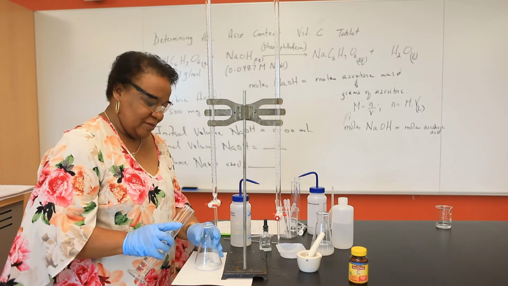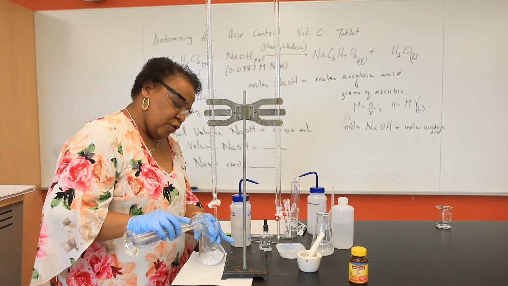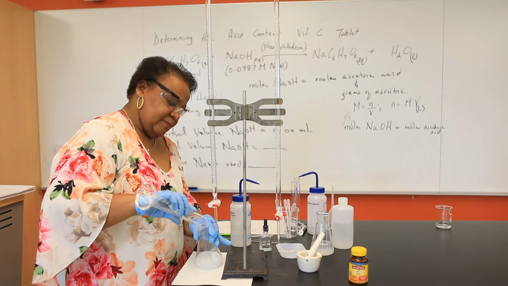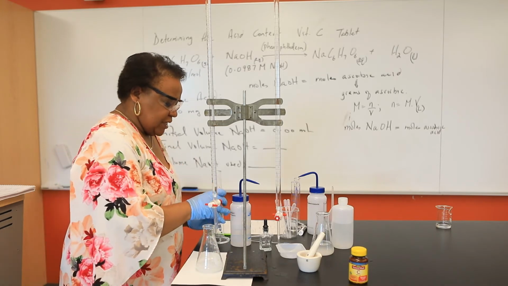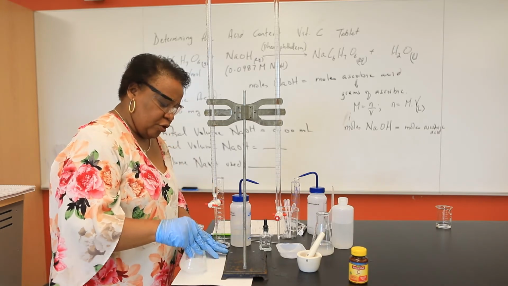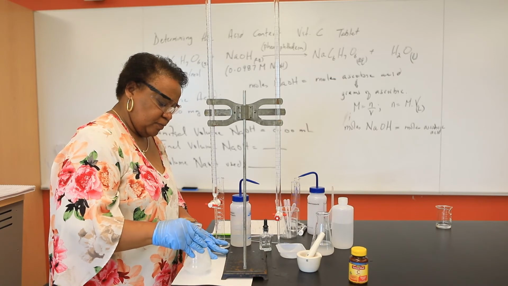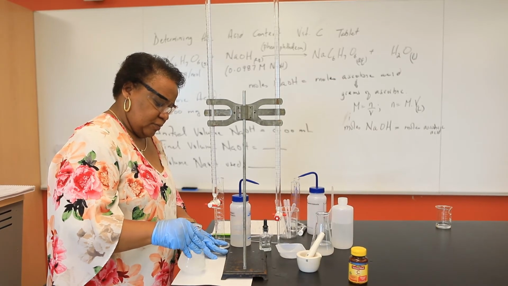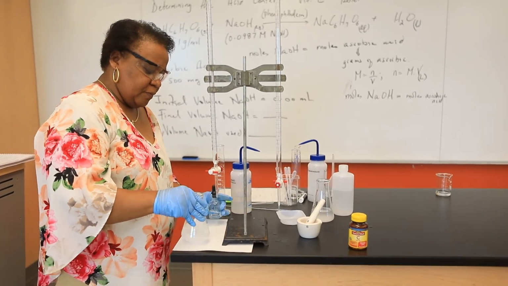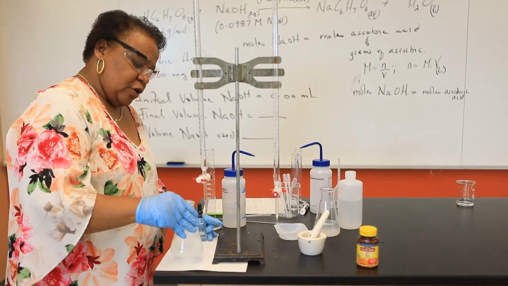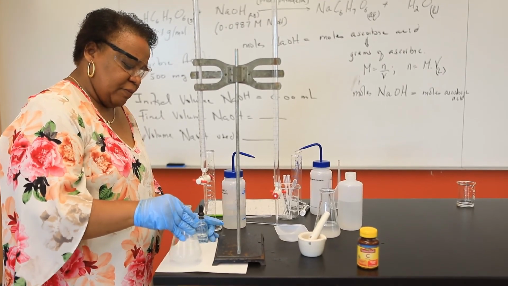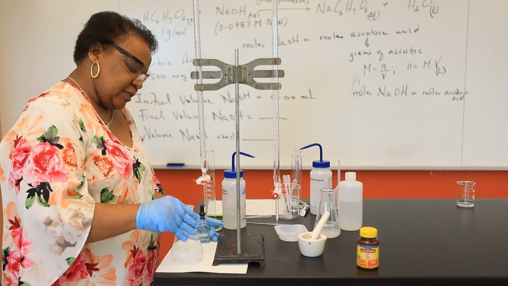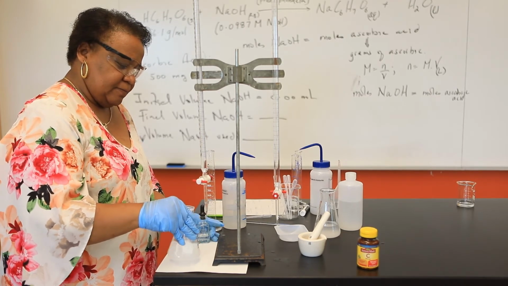And so we're going to dissolve our vitamin C tablet again in 75 milliliters of water. Once it's dissolved completely, I will then go ahead and add my 2 to 3 drops of that indicator, phenolphthalein.